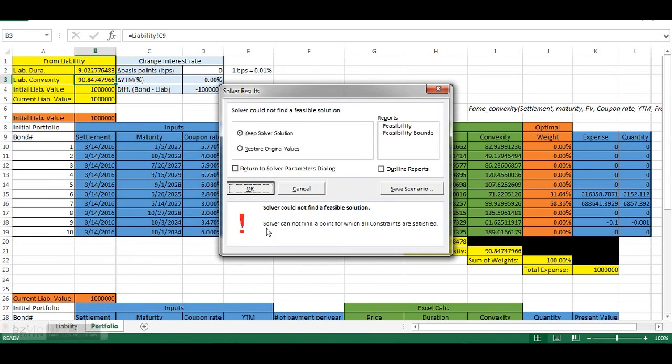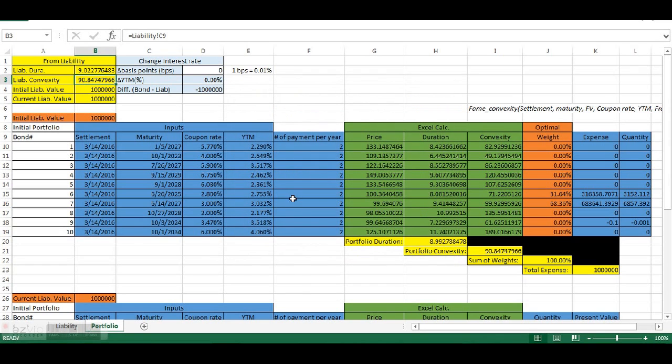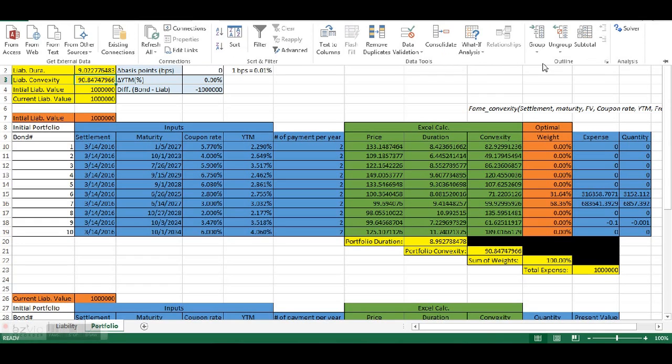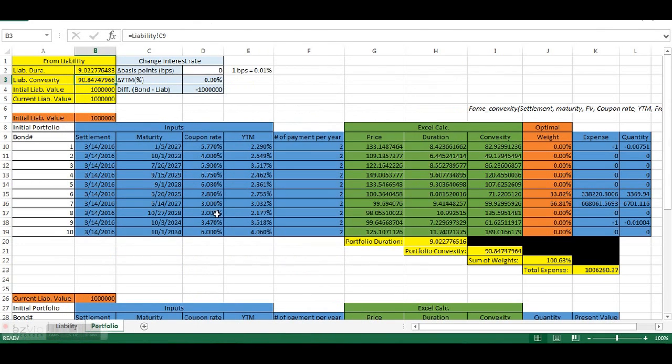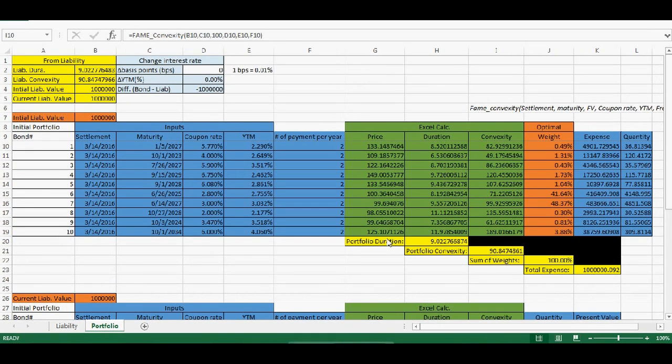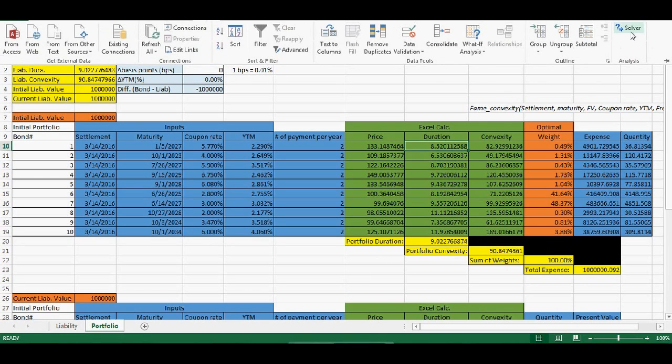Alright, we cannot find the value. Let's solve again. Alright, so we don't have a solution. Now I change the duration formula from modified duration to the traditional duration, and we have a result now.